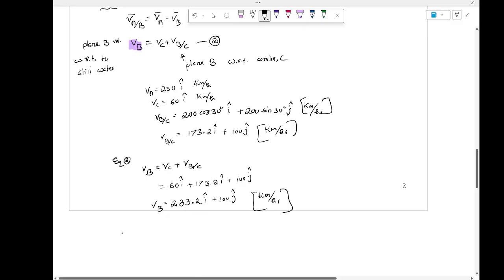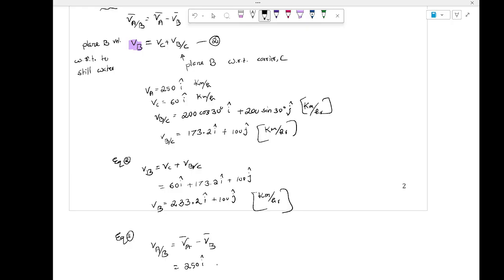And then once you have the VB value, what do you want to do? You want to write this equation number 1, where you have this VAB, which is the final thing that you need to find, is VA minus VB. And then your VA value is 250 i minus 233.2 i. So plus, it will become minus.